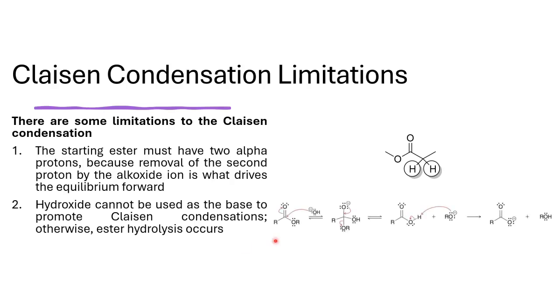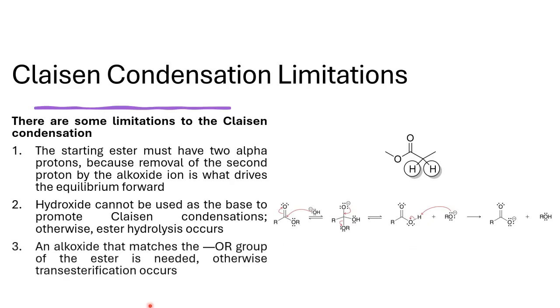Note that we would have the hydrolysis product instead of the condensation product. 3. An alkoxide that matches the OR group of an ester is needed, otherwise transesterification occurs. If we have a different OR minus group, we end up with transesterification as our product.